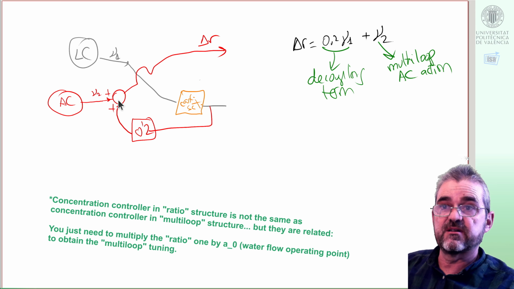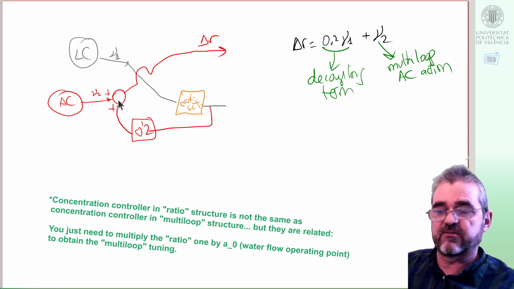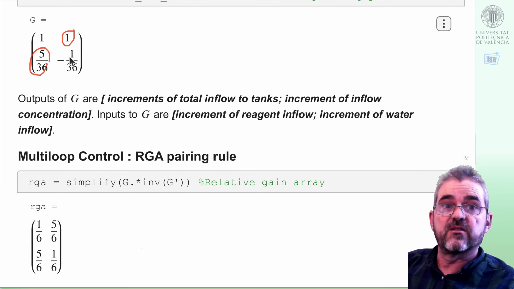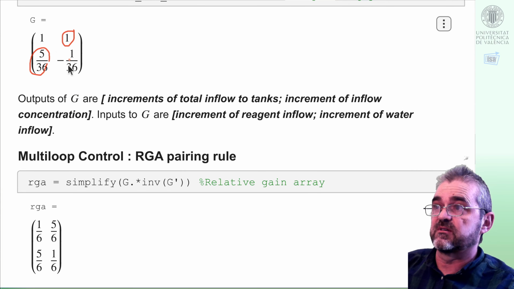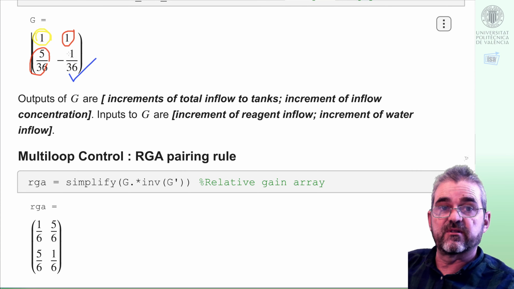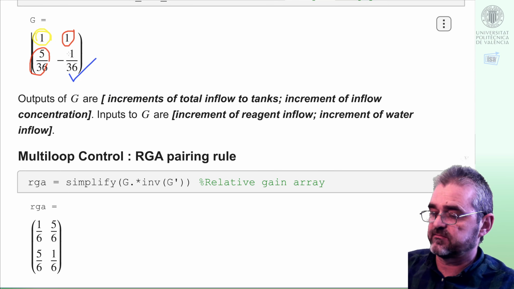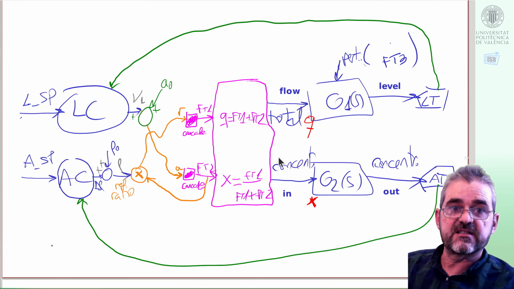Of course, given the resemblance of this thing with decoupling, then in a sequel video we will further dig into the relationship between decoupling and ratio control, in the sense that in this gain matrix we decoupled this element, but then we may be also able to decouple this thing. Understanding that, and which one would be the nonlinear generalization of that decoupling, will be the objective of the said sequel video. For the moment being, we end here.